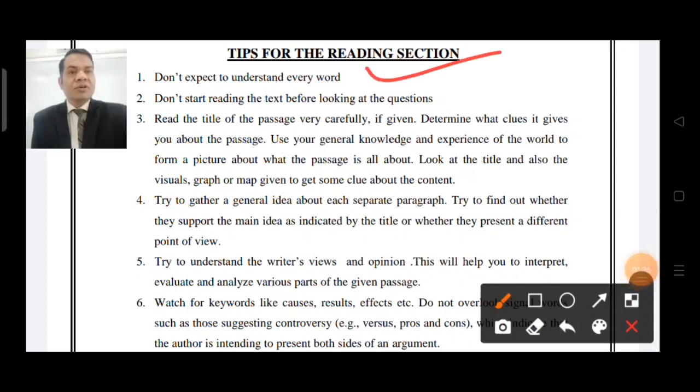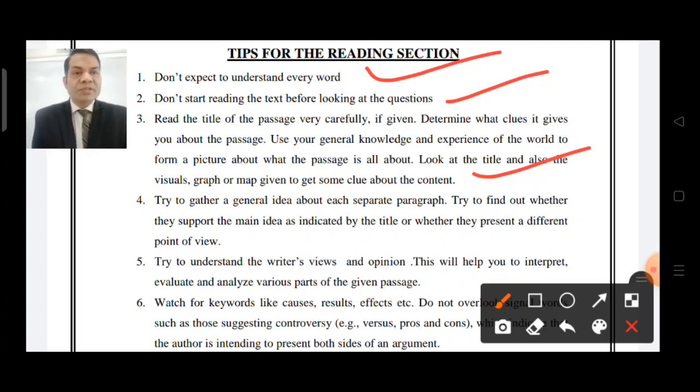So you need not read the complete passage. Don't expect to understand every word. Don't start reading the text before looking at the questions. Read the title of the passage very carefully if given.